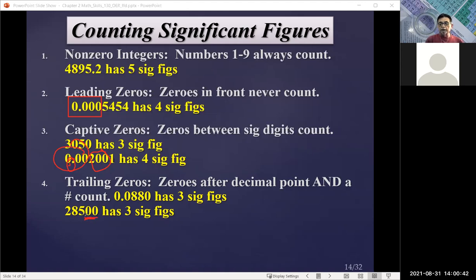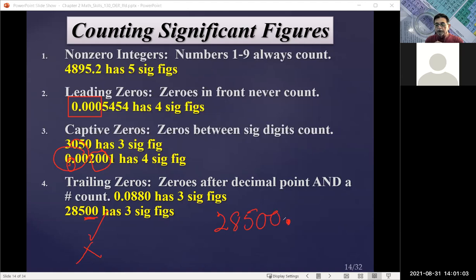On 28,500. First question, is there an integer in front of them? Yes, check off. Is there a decimal point anywhere in that number? No. So those zeros don't count. The moment I stick a decimal point in there, all the zeros count.